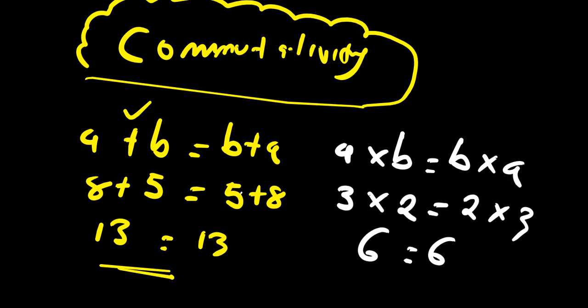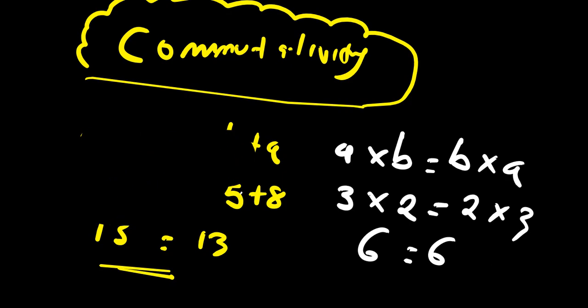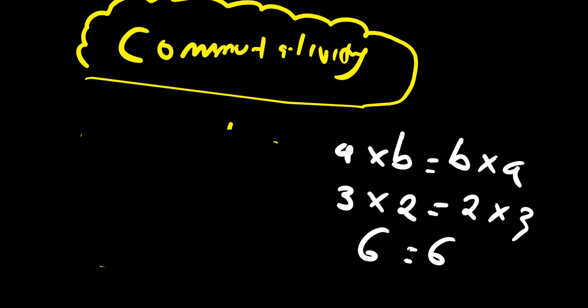Now, however, we must make mention that the operation minus is not commutative. So what are we talking about here? Let me say you've got the same example that we used, 8 minus 5.